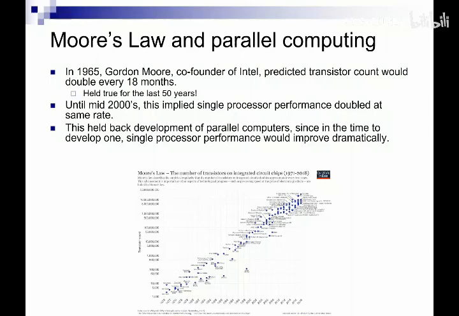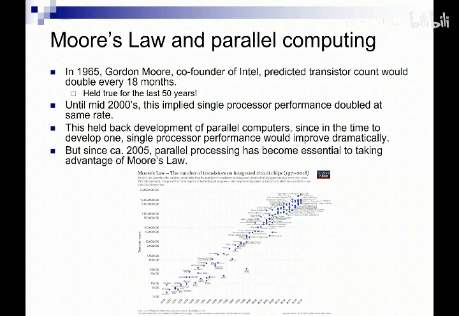By the time you finish with the design, the speed of a single processor would have already improved dramatically, and there would be no need for this parallel computer. This phenomenon was true until about 2005. But once we got to 2005, something happened which made parallel computing become much more important.